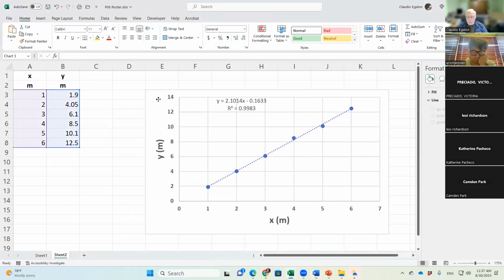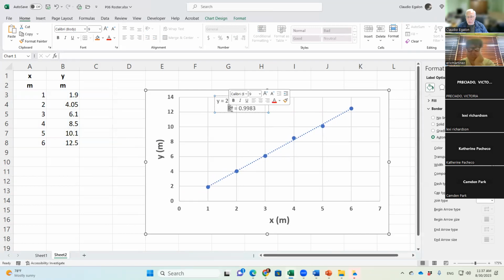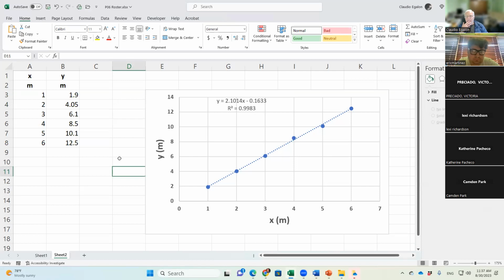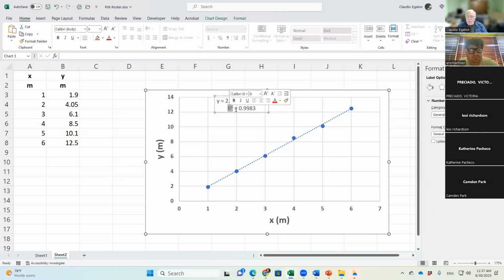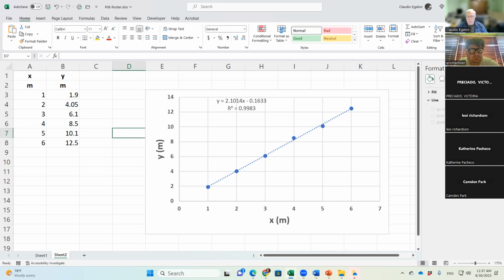The first time I heard about this R square, first time in my life, I never took a course in statistics, which is a big mistake. But the first time I learned about R square was when I started working at NASA. My boss showed me those spreadsheets, and he showed me the R square.